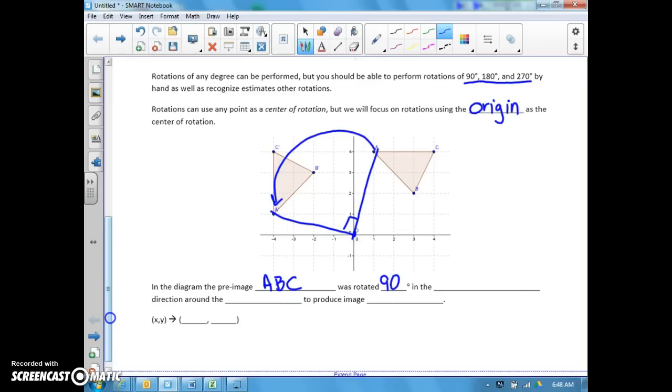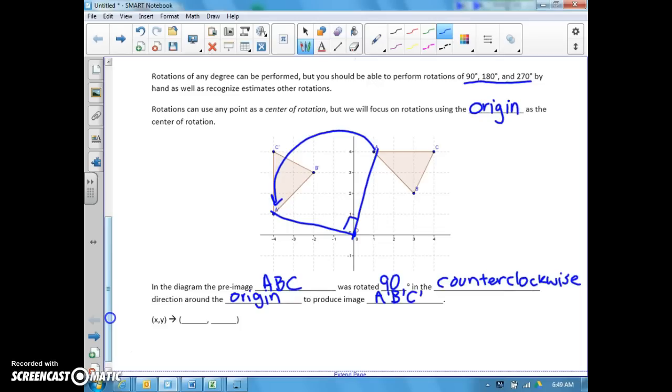It was rotated 90 degrees in the counterclockwise direction around the origin to produce image A prime, B prime, C prime.